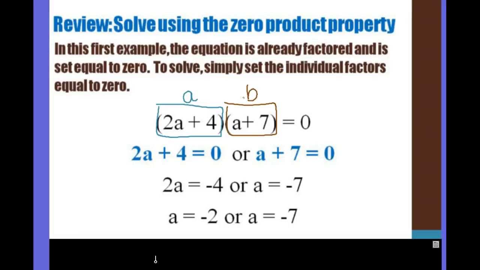You're solving for a. So you either got a equals -2 or a equals -7. Both of those would act as the roots of this quadratic.